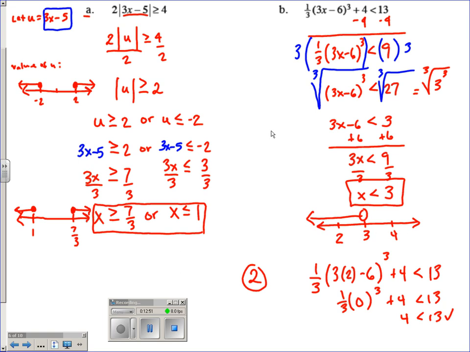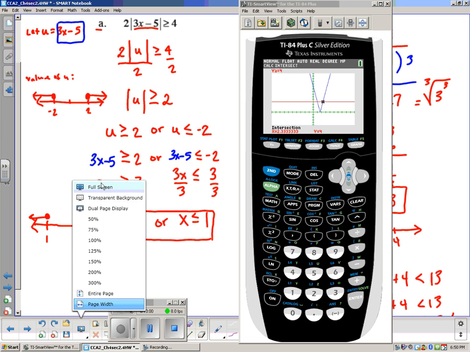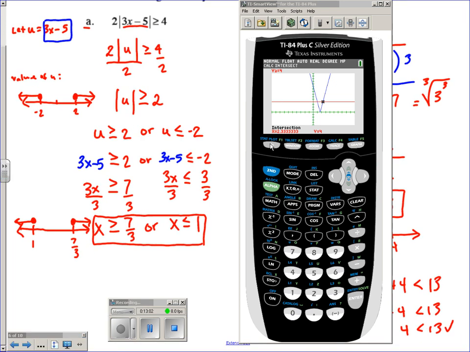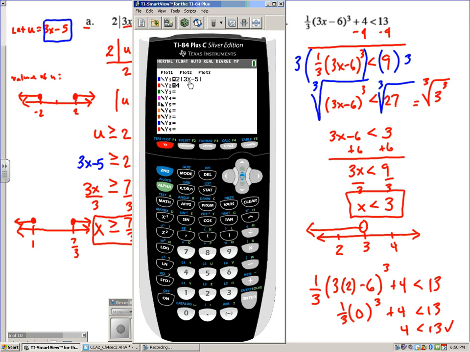And if we want to check it on our calculator, we can do that. If I can find my calculator again. There it is. Let's do the exact same thing we did with the other one here. So let's clear out our functions.